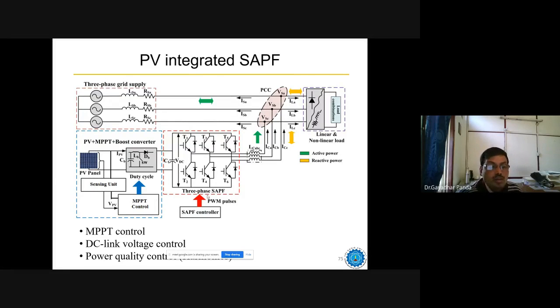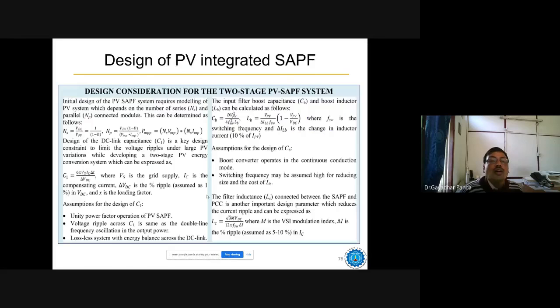That is possible. Here the design aspects are given for a two-stage PV SAPF system. This is a published article. You can check what assumptions were taken for designing the capacitor value. All these design aspects are written here.